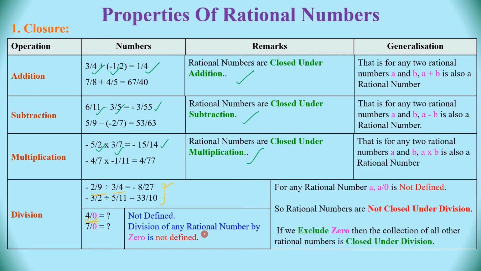That is, division of any rational number by 0 is not defined. So, rational numbers are not closed under division. If we exclude 0, then the collection of all other rational numbers is closed under division.